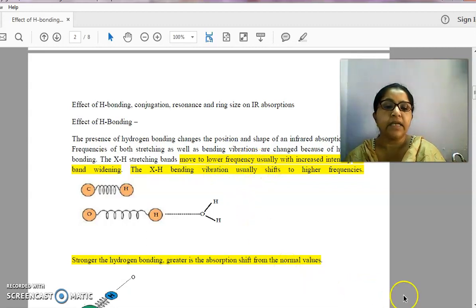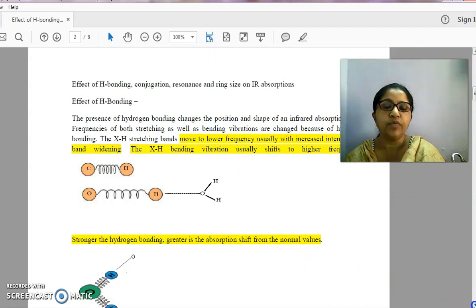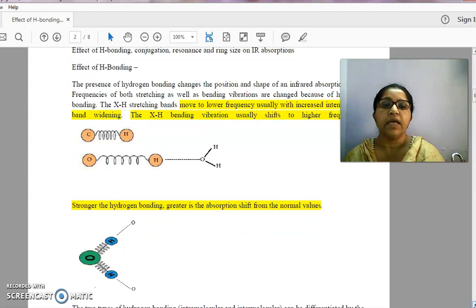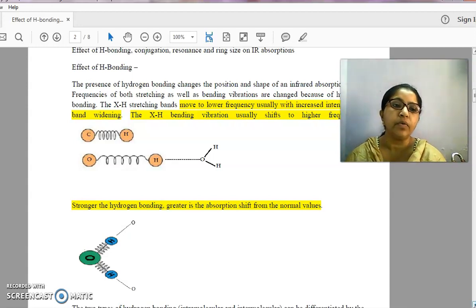It moves to a lower frequency than you expect in a normal case. Whatever frequency you are expecting, it will go lower because the bond is becoming weaker and more stretched by the hydrogen bond formation.